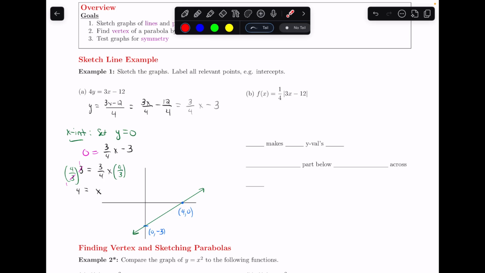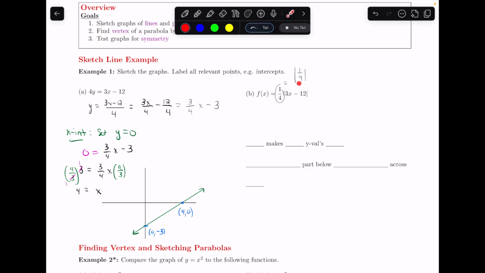I'm going to call this function f of x. I have 1/4 times the absolute value of 3x minus 12. The first thing that I notice is this looks similar to the function that I had here, 3x minus 12, with this divided by 4 going on. In fact, 1 over 4 is the same thing as the absolute value of 1 over 4.